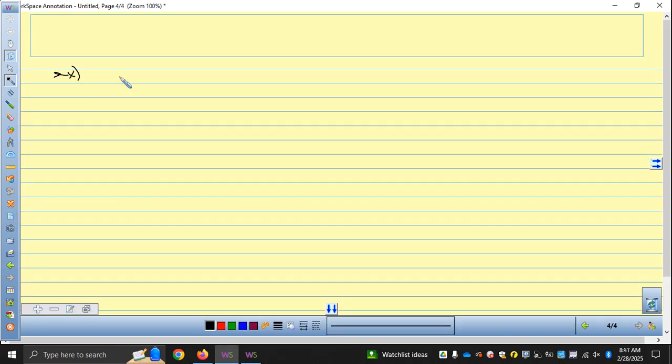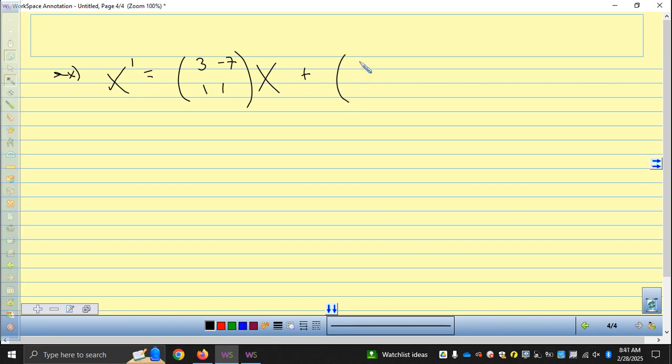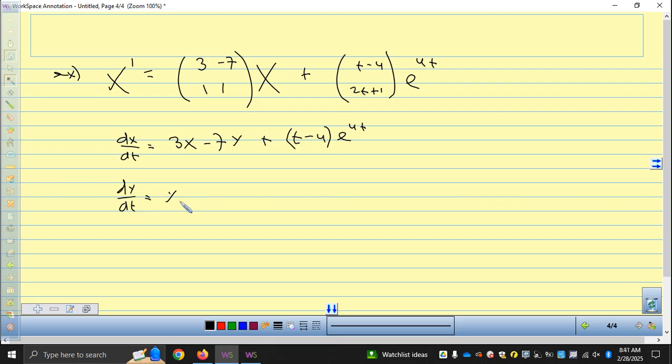So if we had X prime equals 3, negative 7, 1, 1 times X plus t minus 4, 2t plus 1 times e to the 4t, we would write this as dx/dt equals 3x minus 7y plus (t minus 4) e to the 4t, and dy/dt is x plus y from here plus (2t plus 1) e to the 4t.